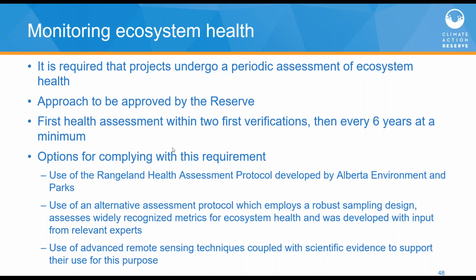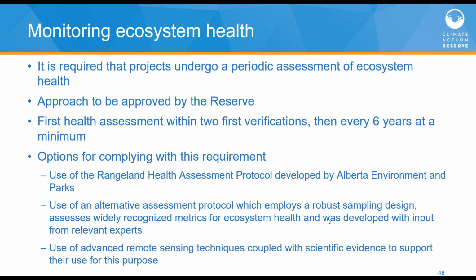And on this topic, we've got the question of how do you monitor if it's still grassland? So that could be via remote sensing. That could be via the verifiers visiting the site. It could be via geo-referenced photos. So for example, if the land manager or the easement holder goes out there a couple times a year with a smartphone or a drone or something like that and just takes photos or videos in various parts of the property, that might be sufficient to show that it is still grassland.